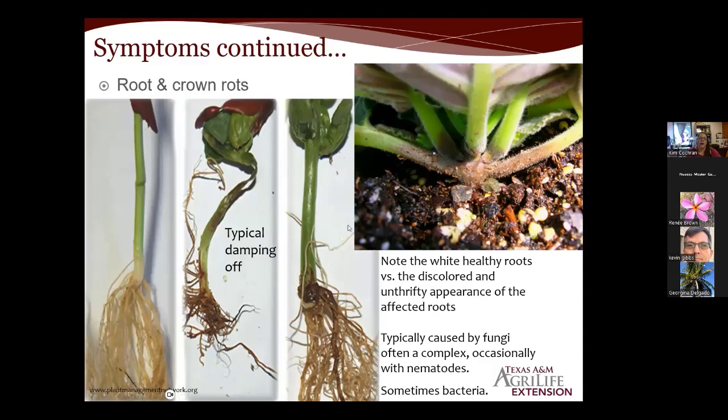Now, this panel on the right side of that little portion. Notice that we still have a decent amount of roots. We have decent root development, but they are discolored. And this is a really good illustration that plant disease is not always an all or nothing thing. It's a spectrum of severity. So your outcome is not always going to be perfect health or complete death.